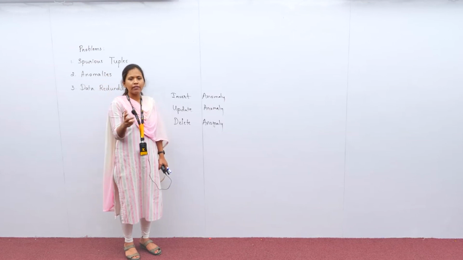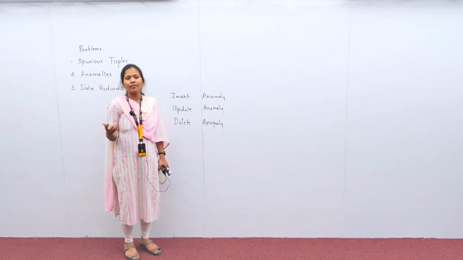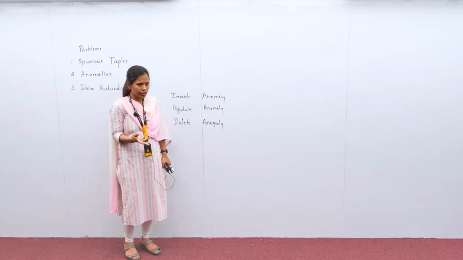You're inserting only one value into just one column of that row. Like this, there are so many null values as you keep on inserting, which leads to a lot of memory wastage, and there is no proper data maintained as well. So during insertion, if you have any of these problems, you call it an insert anomaly.